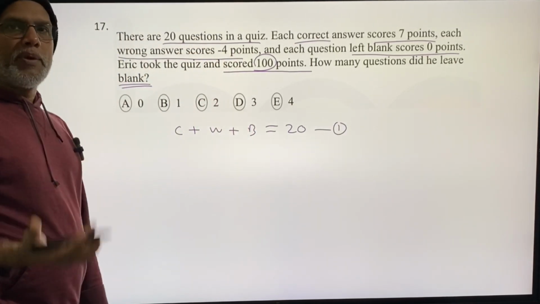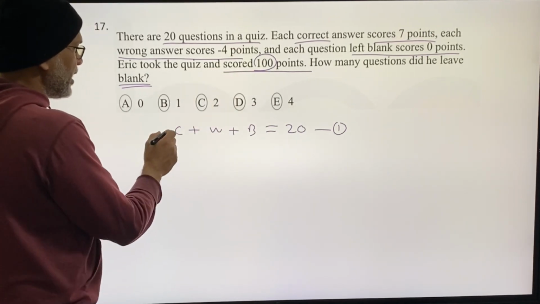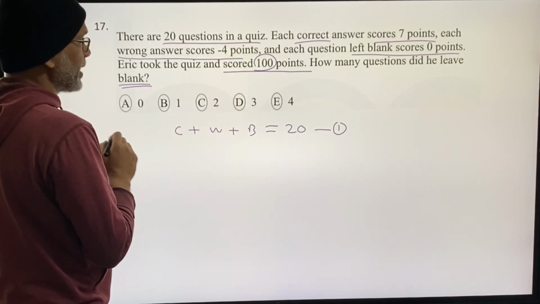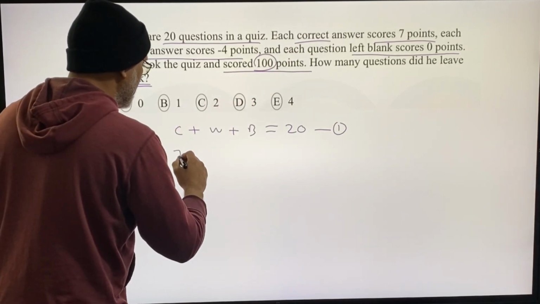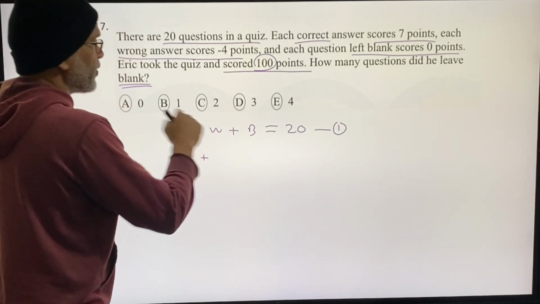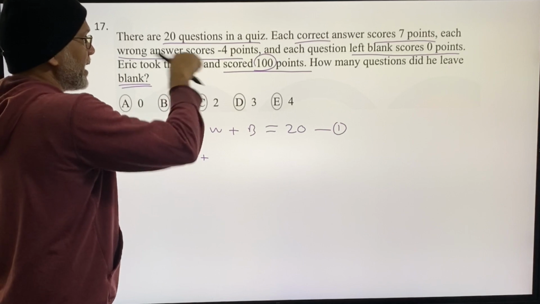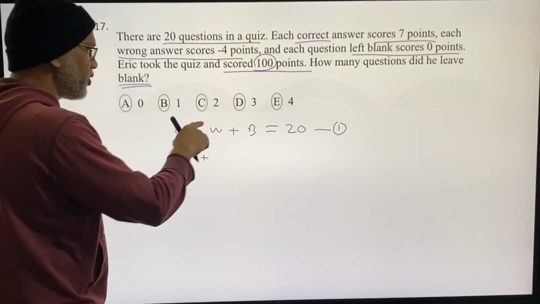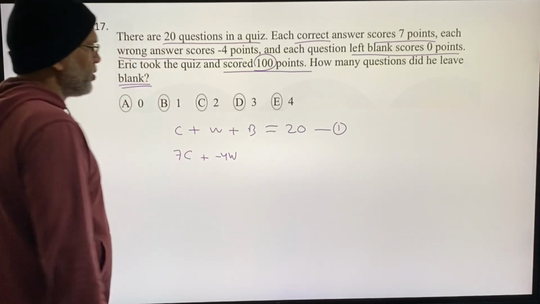What is the other piece of information we have here? He scored a total of 100 points. If he got C questions correct, for each he gets 7 points. For C questions, he will get 7C points. For each wrong answer, he gets -4 points, so for W wrong, he will get -4 times W points.